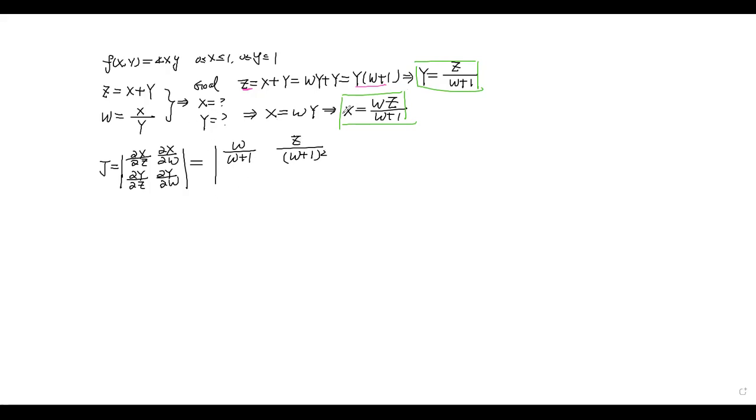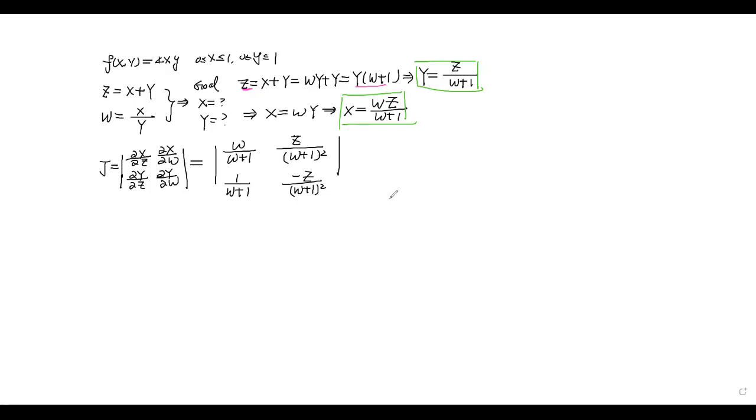Then partial y over partial z will be 1 over W plus 1. And partial y over partial w is the quotient rule again, so it's negative Z over W plus 1 squared.